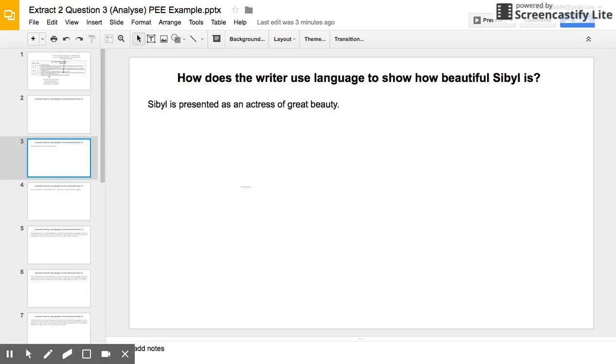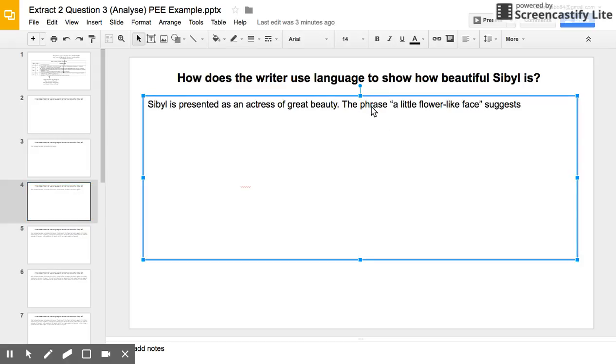Now we need explanation, of course. Here we have our first quote, a little flower-like face. But again, structurally, the important thing is that I introduce it. Okay, I've chosen the phrase this time. I could have used the quote. I could have used the sentence. I could have said if it was a language feature. I then have an explanation type word.